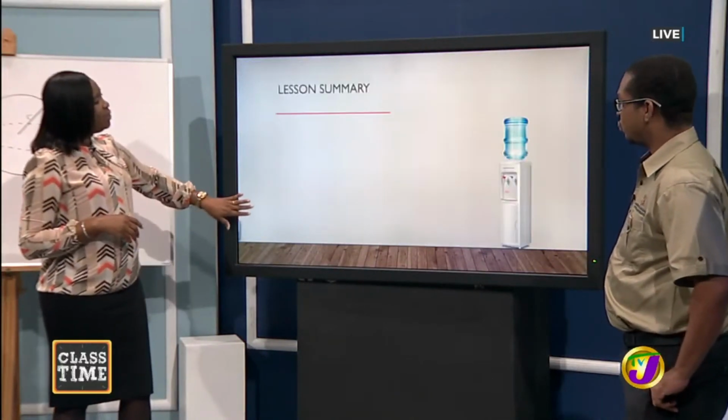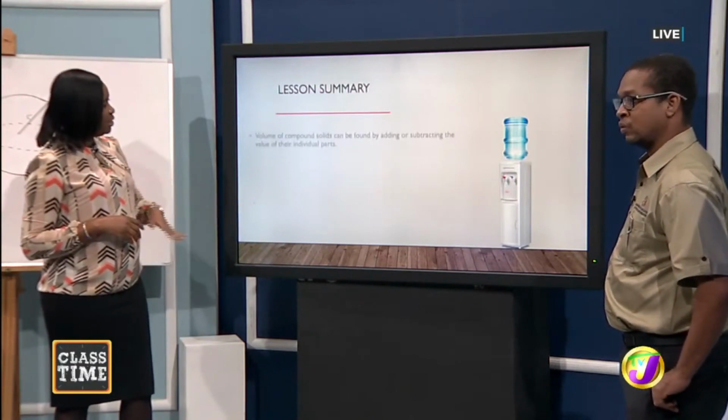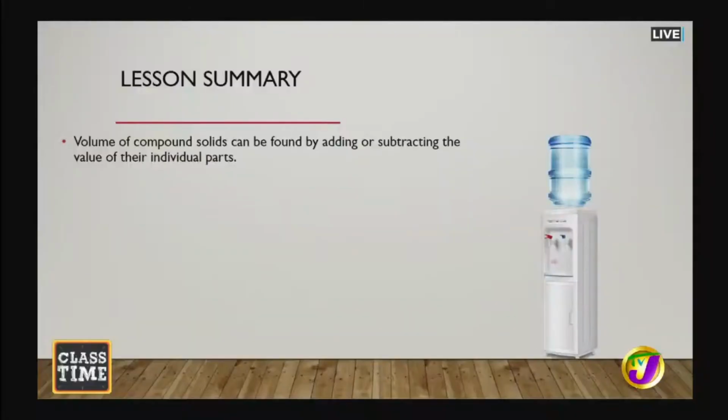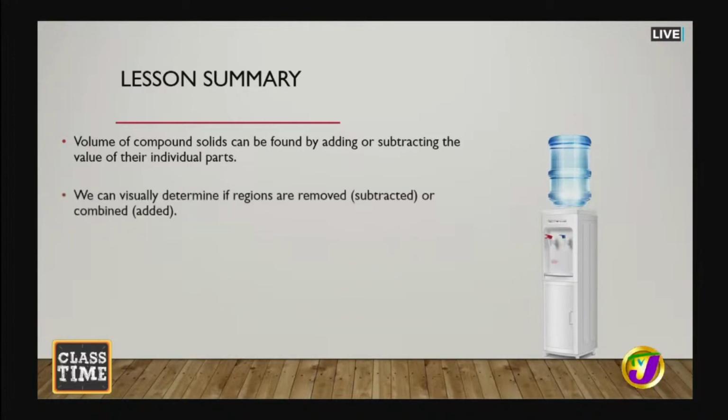So let us look at the summary of what we did today. So we know that the volume of compound solids can be found by adding or subtracting the value of their individual parts. We can visually determine if each region is going to be removed, which is subtraction, or going to be combined with it, which is going to be addition.